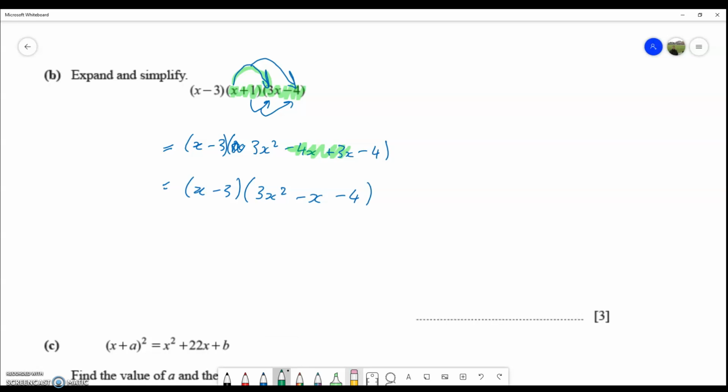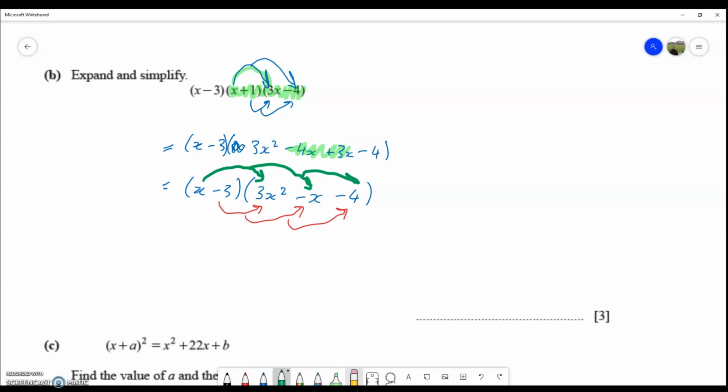Then it gets slightly trickier. We need to expand these two brackets, so we need to take the x, multiply it by the first term, second term, and the third term. And likewise with the minus 3, we multiply it by all three terms.